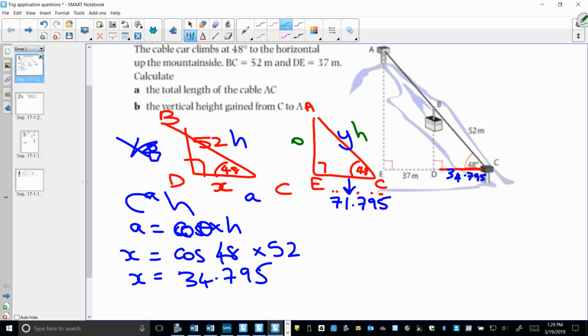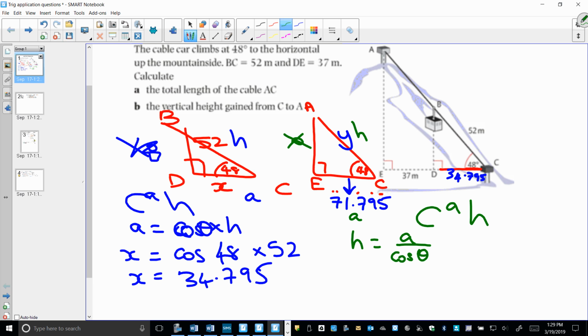So H O A. Which one is irrelevant? So that means we're using cos. But this time we're not trying to find the adjacent, what are we trying to find? So H equals A over cos theta.